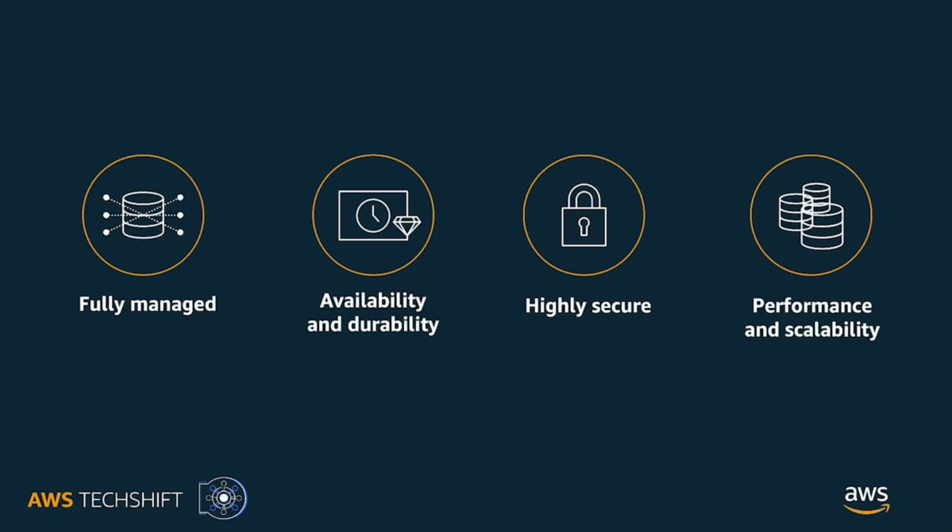It's fully managed, so there are no servers to provision, no software to patch, no setup, no configuration, and no backups to manage. It's fault tolerant and self-healing, and you get 6 copies of data across 3 availability zones, as well as continuous backups to Amazon S3. It's highly secure: there's network isolation, you can provide encryption at rest and in transit, and it complies with a number of compliance and assurance programs.